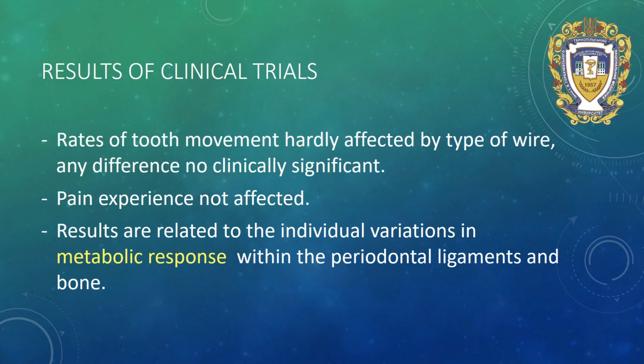Results of clinical trials: rates of tooth movement hardly affected by type of wire. Any difference is not clinically significant. Pain experience not affected. Results are related to the individual variations in metabolic response within the periodontal ligament and bone.